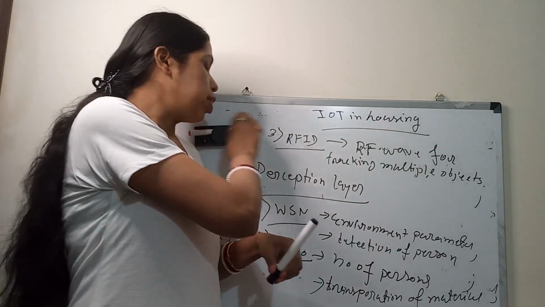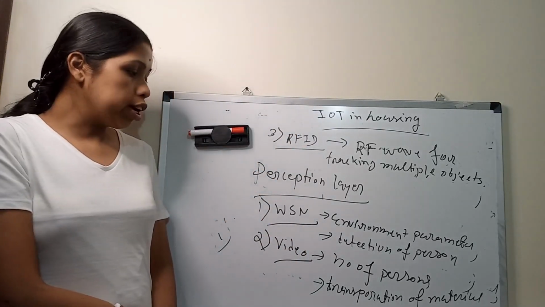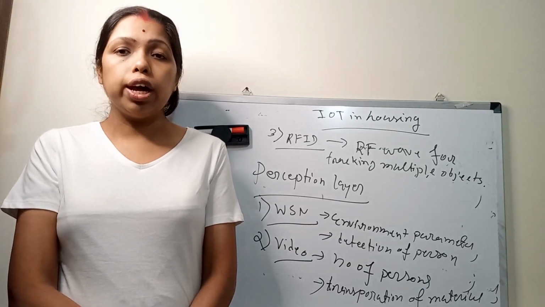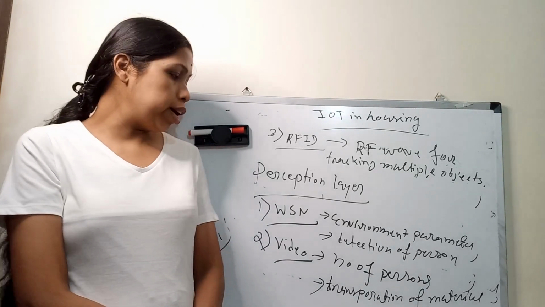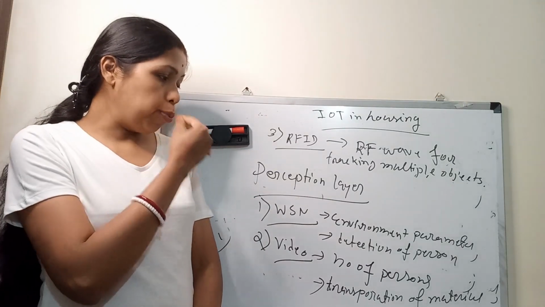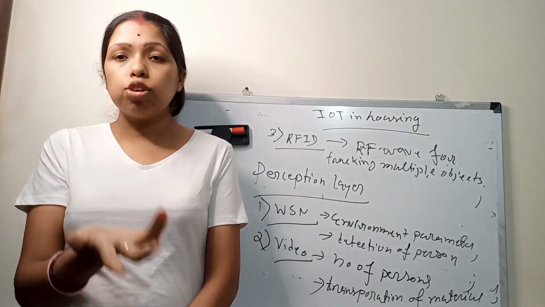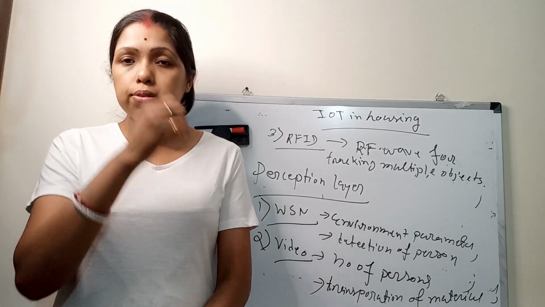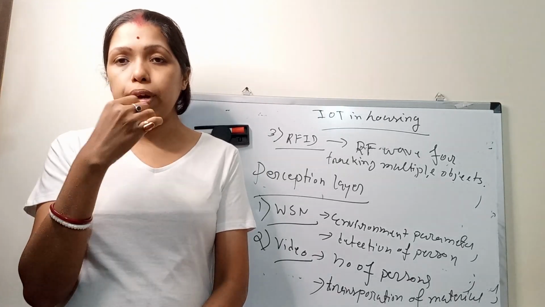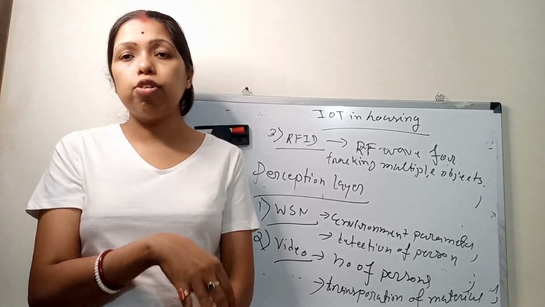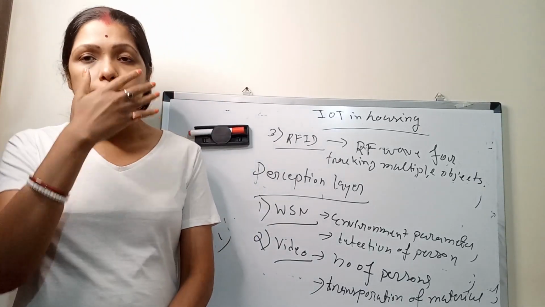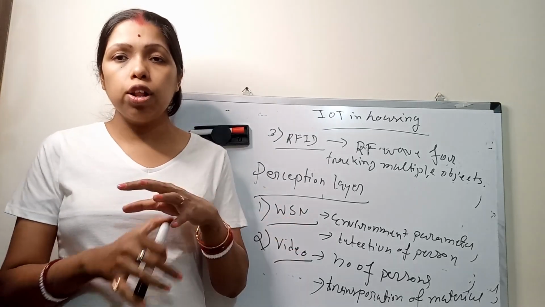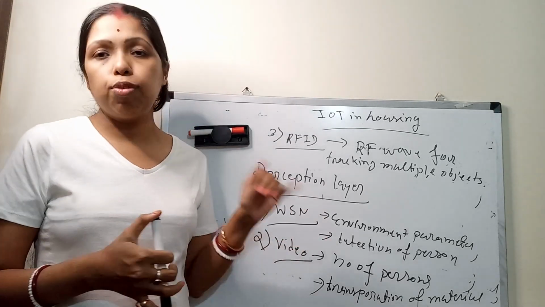Related to WSN, many research papers are already published. In one research paper I have seen that they used a WSN network for monitoring temperature, with a magnetic sensor and an accelerometer. They assembled the temperature sensor, magnetic sensor and accelerometer, and all sensors are connected in a WSN network.